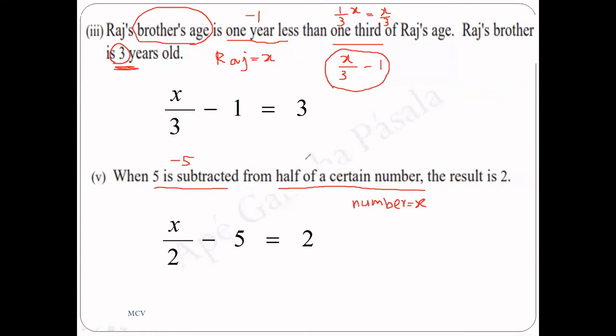Then half of a certain number means X divided by 2, that is x over 2.